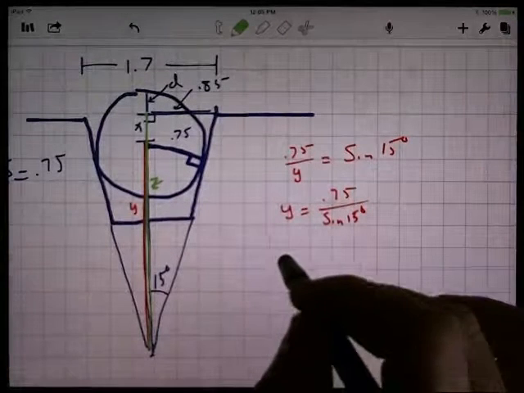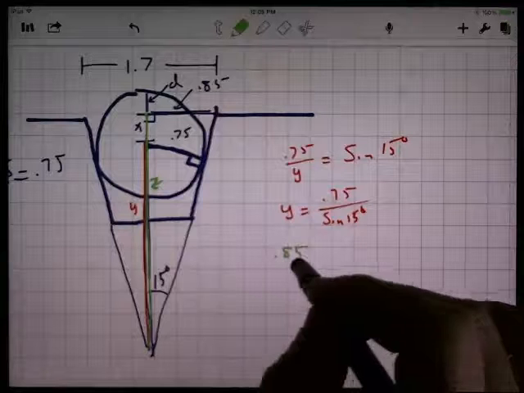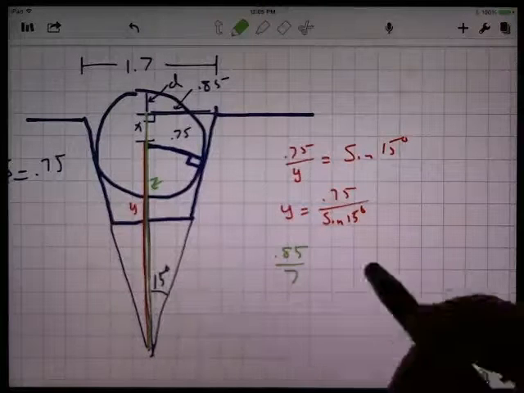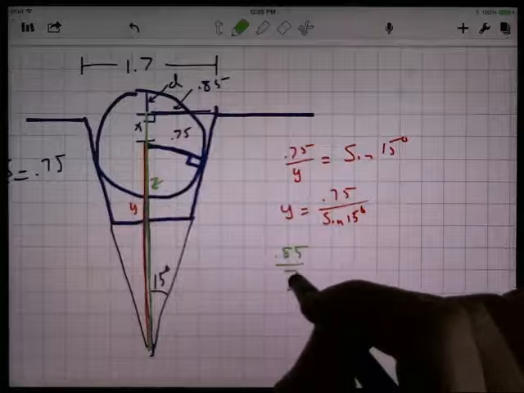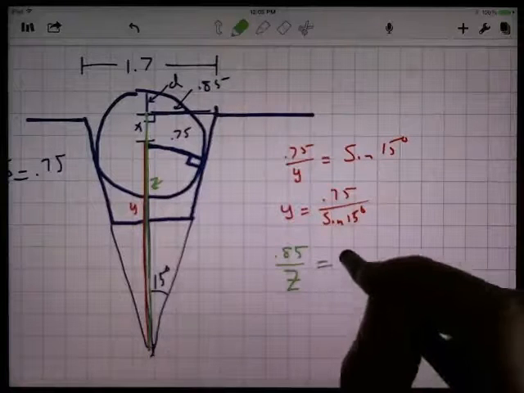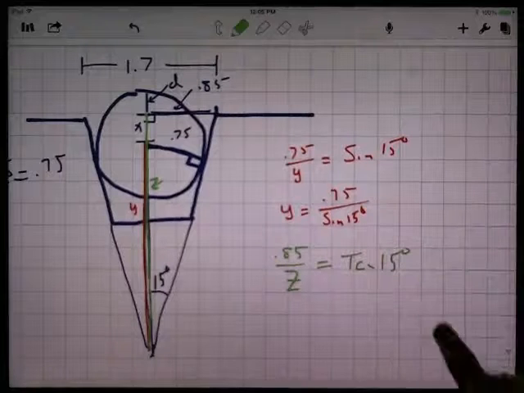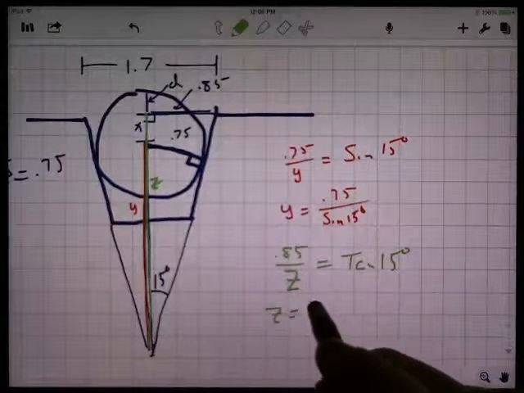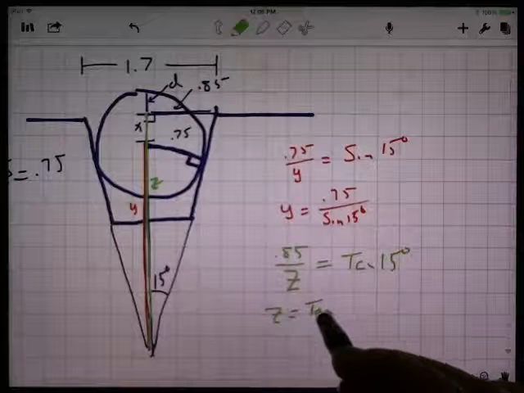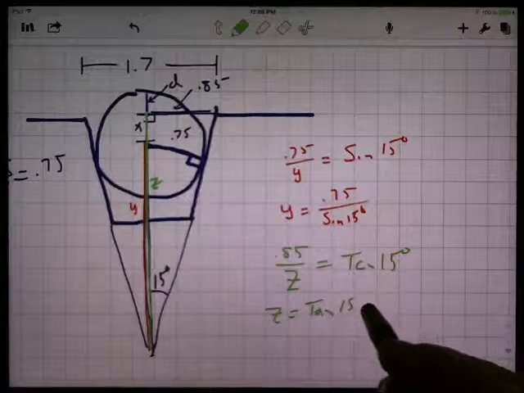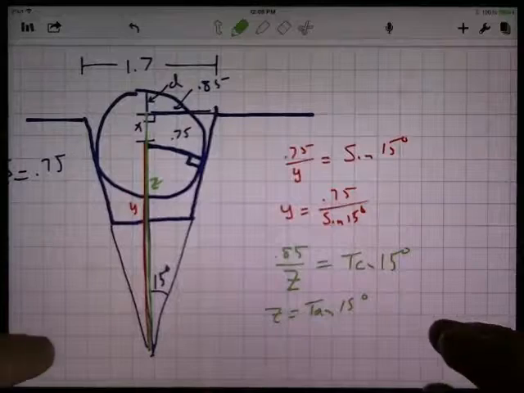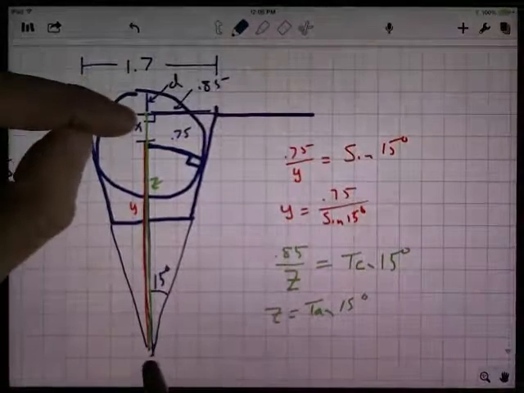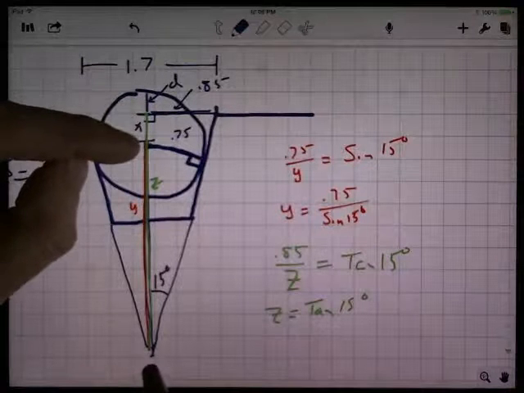Because 0.85 divided by Z, that would be the opposite to that 15-degree angle over the adjacent, is the tangent of 15 degrees. Okay, solving for Z, I've got Z equals... Right. This now lets me find x, because x was going to be the difference between z and y, the green line and the red line there.